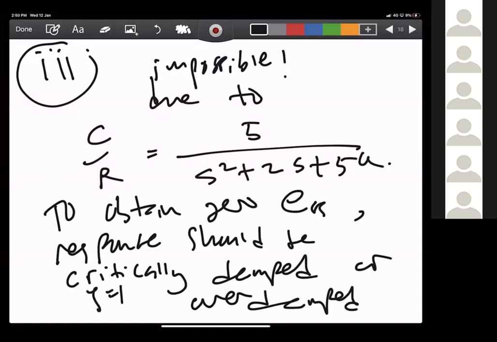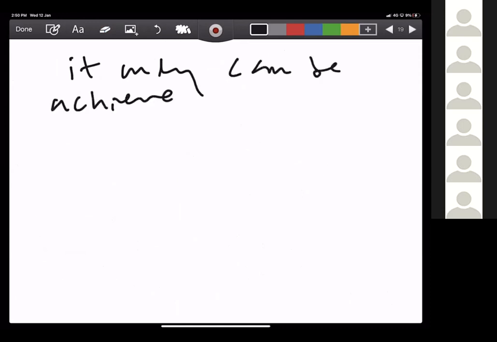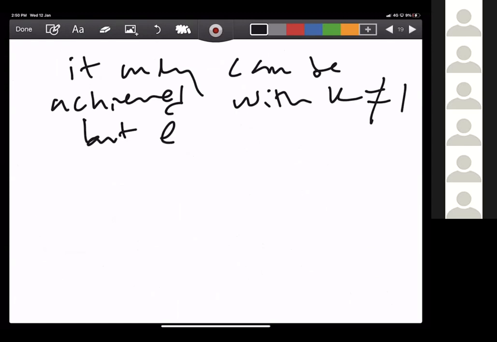Critically damped is zeta equal to 1, overdamped zeta greater than 1. It only can be achieved with K not equal to 1. But zero steady state error cannot be obtained.